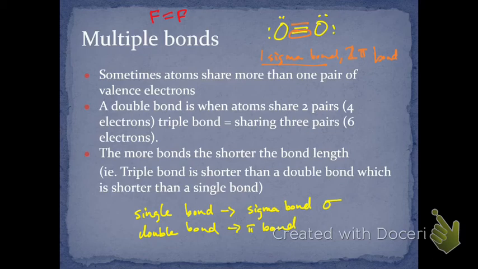The sigma and the pi actually have to do with the orbitals and how they overlap when sharing. And so there's an actual shape to it. But if you just remember that the first bond is always a sigma bond, and then any subsequent bond is going to be an extra pi bond. And I'll include a slide. I don't have one here at the time of recording, but I'll add something to explain further.